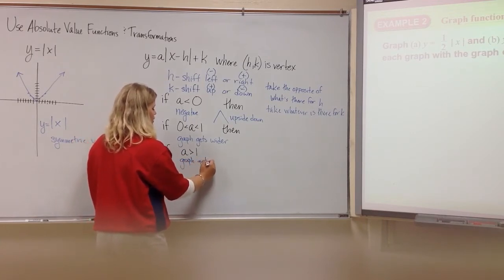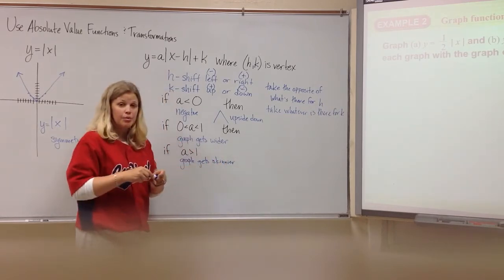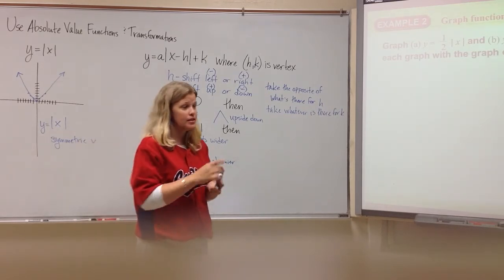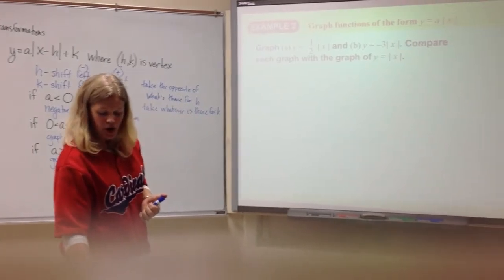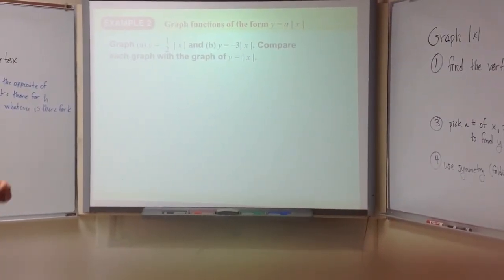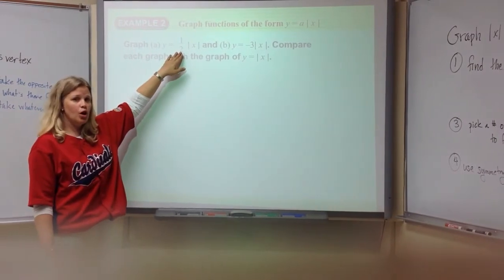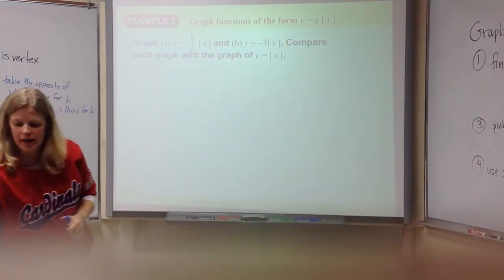So let's look at some of these, or the V, maybe we should say. So let's look at some of these examples right here. Our first one says, let's graph y equals 1/2 absolute value of x. So the 1/2 is definitely out front. And you might think to yourself, is it negative? No, but it is that 1/2.